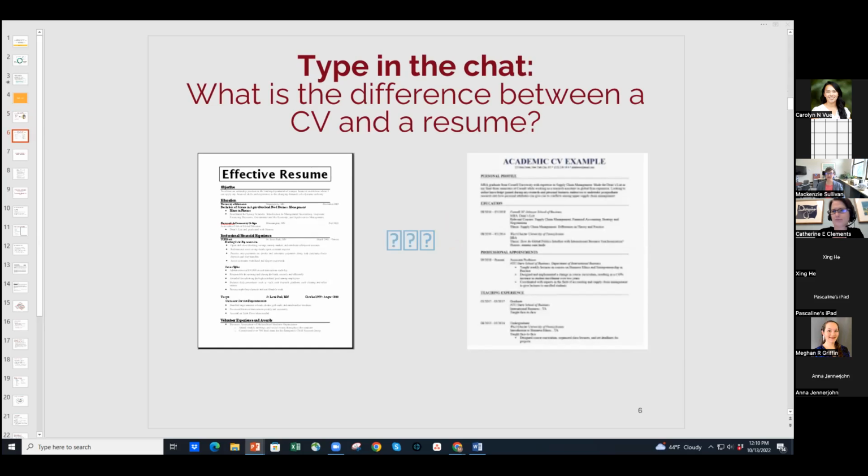CV is for academic jobs. Absolutely. So a resume is one, maybe 2 pages, depending on the amount of experience you have in the job. It's the highlights for you. It's skill-based. It talks about the skills that you have. A CV is for academic positions, right? It's qualifications-based. It's big lists of things. It's everything about you. And so they are very different documents.